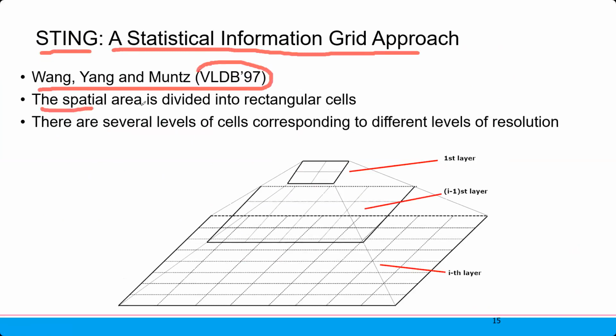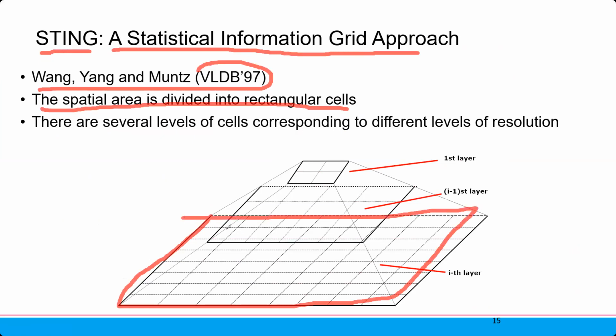So the spatial area is divided into rectangular cells. So if you have like this one, this is the data in the I layer, you can have the upper layer. So you can make the aggregate resolution.